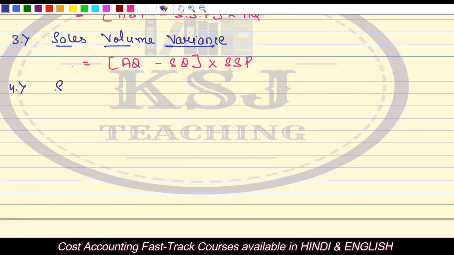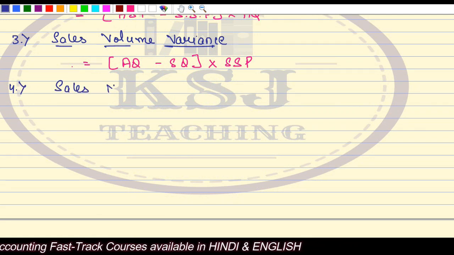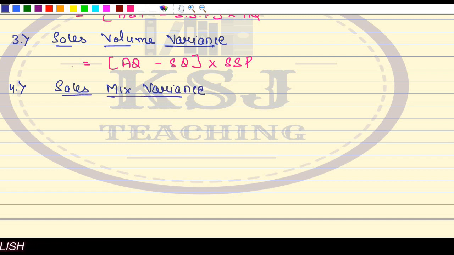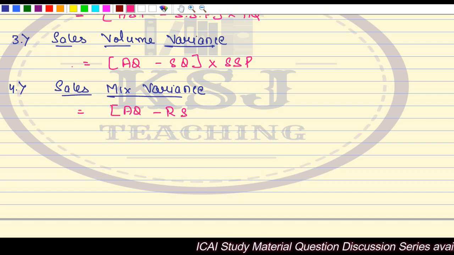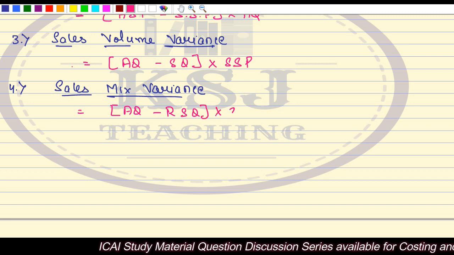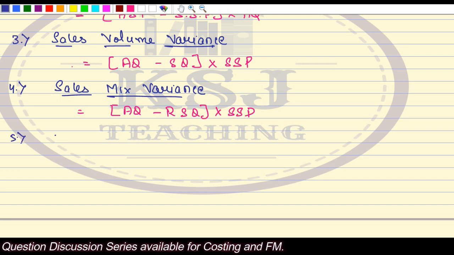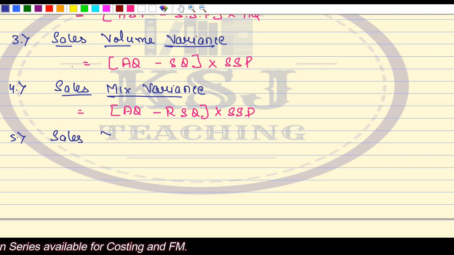After that, sales mix variance. Sales mix variance is actual quantity minus revised standard quantity multiplied by standard sales price. Right? Then we have the sales yield variance.